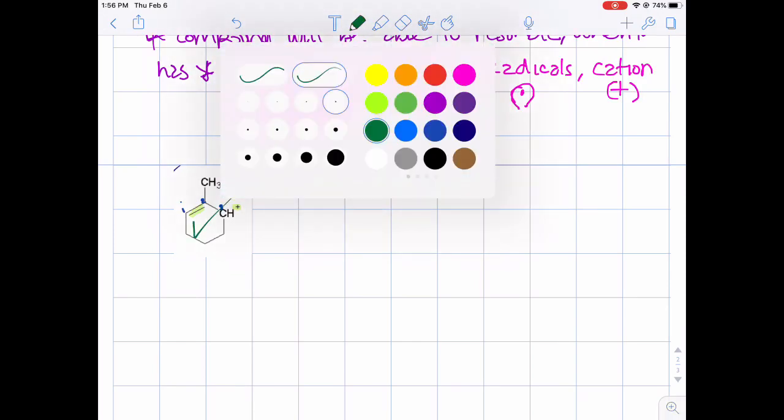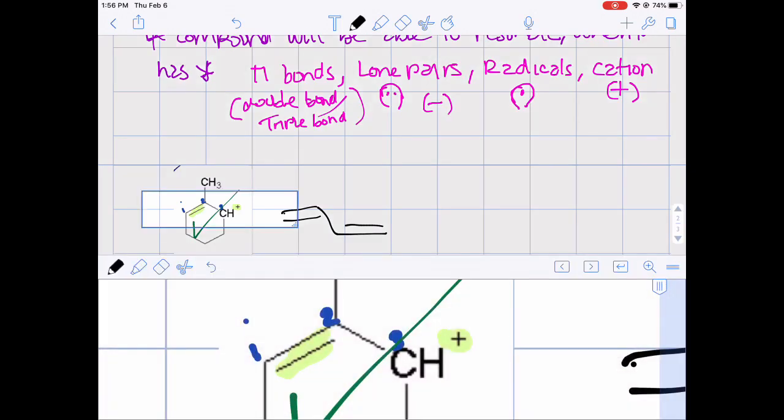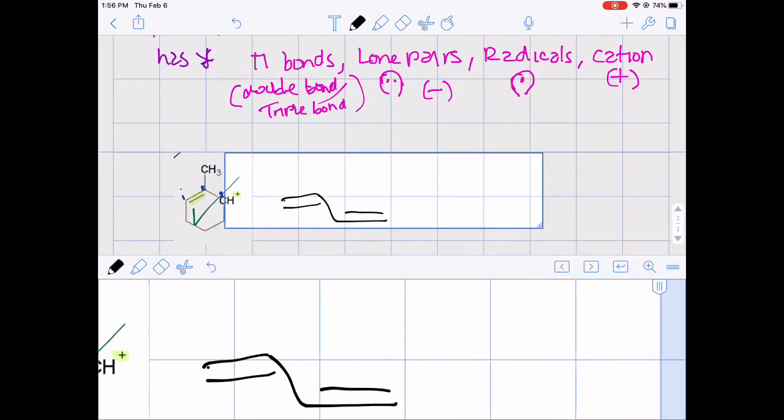Okay, another case would be if you have something that looks like that, right? Why would this meet the criteria?